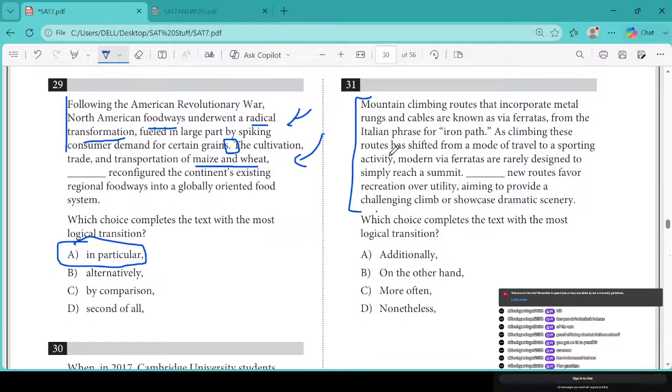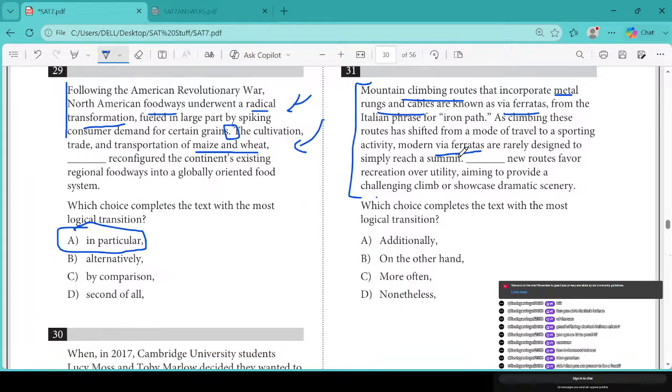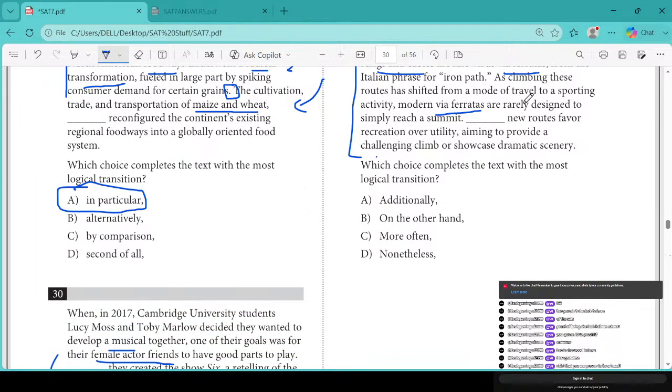As climbing these routes shifted from a mode of travel to sporting, modern via ferratas, which are mountain climbing routes with metal rungs and cable, are rarely designed to simply reach a summit.